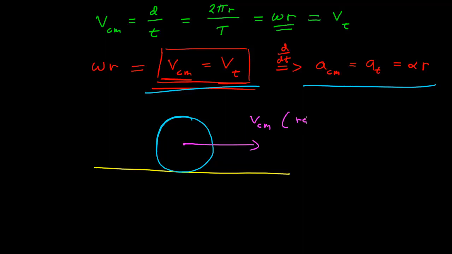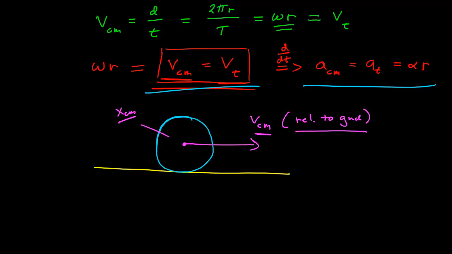I don't want to say the cylinder anymore; I want to say this point, which is the center of mass point. This point is moving forward with a velocity of v sub cm, the velocity of the center of mass, measured relative to the ground.